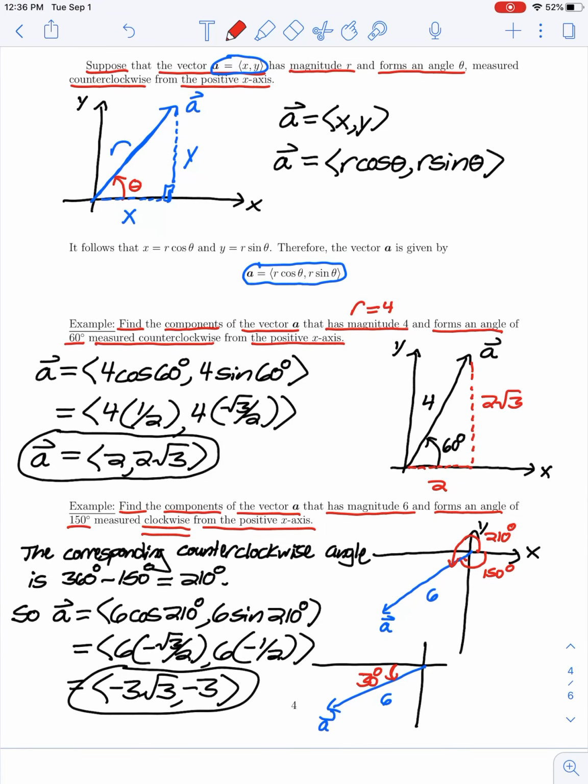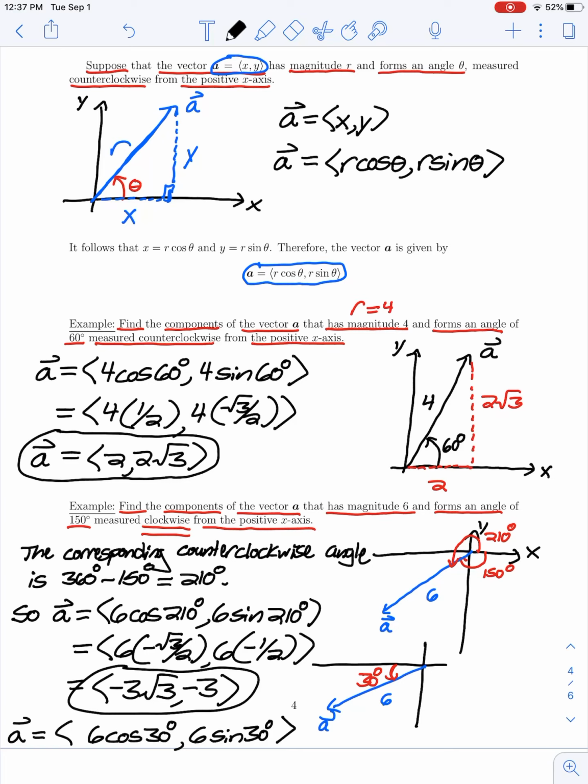So making use of some properties of trig functions, we could also have found the components of A in terms of that angle as follows. So I could take the magnitude of my vector, which is 6, and then take cosine of the angle measure 30 degrees from the x-axis, and 6 times sine of 30 degrees.